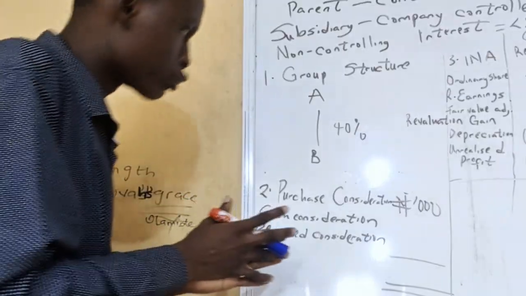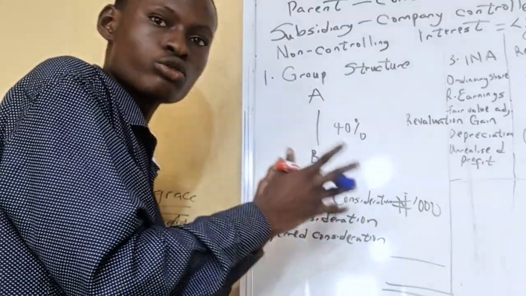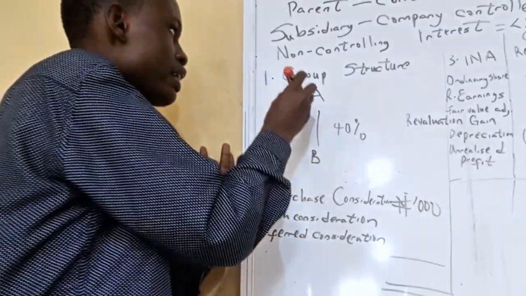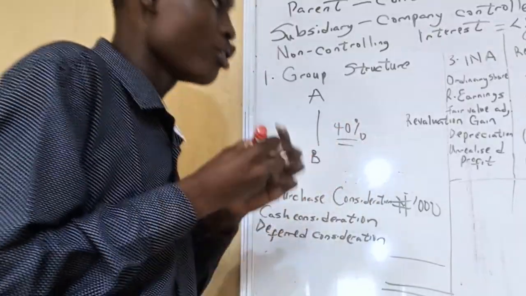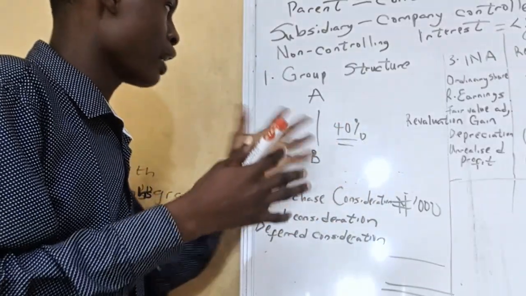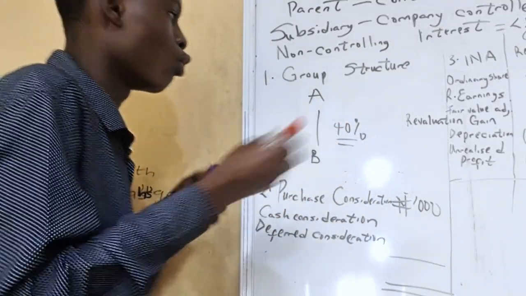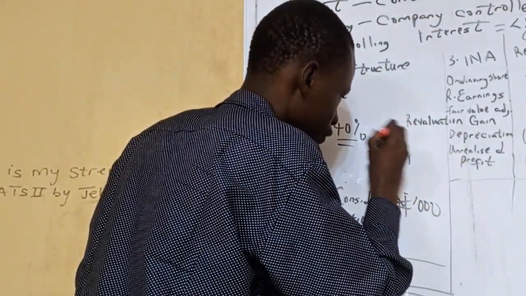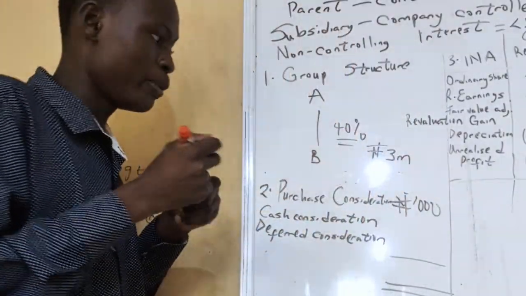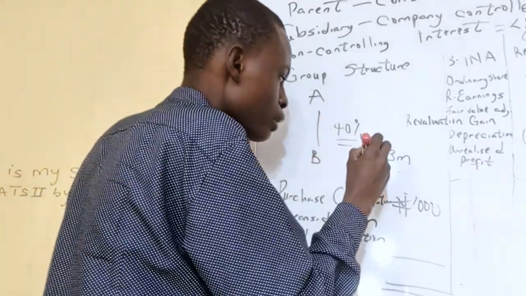Now the next thing you do is to determine your purchase consideration. How much did A use to acquire 40% of B? Let's say A acquired 40% of B for 3 million naira, and paid cash of 2 million naira.